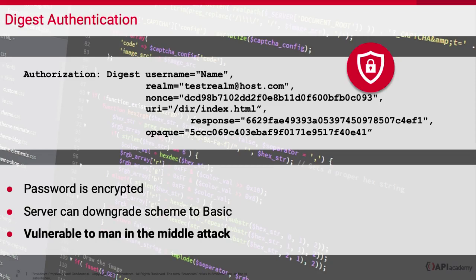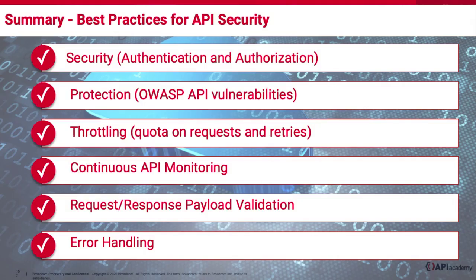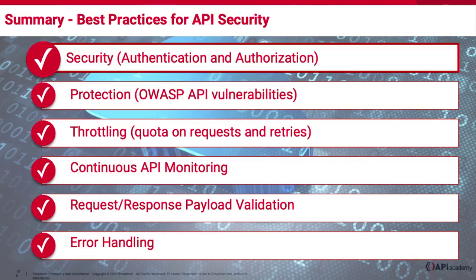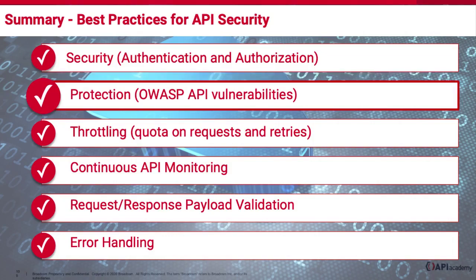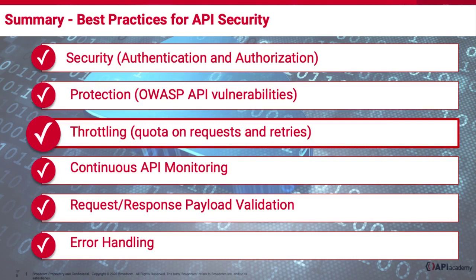To sum up, here are some best practices to follow when securing your APIs. Make sure that you have a good authentication and authorization system in place for your APIs. Be aware of the security issues according to OWASP. Limit the number of requests and retries that the API accepts within a certain time window.